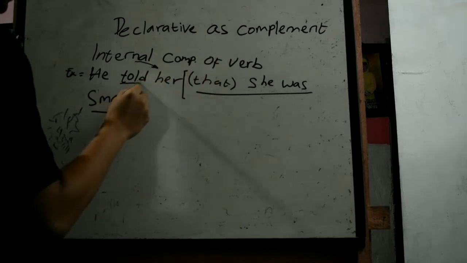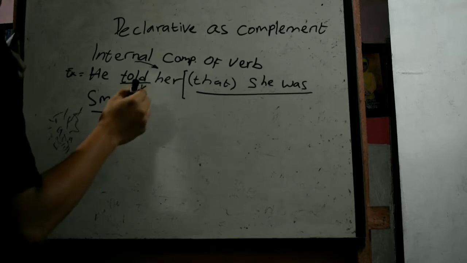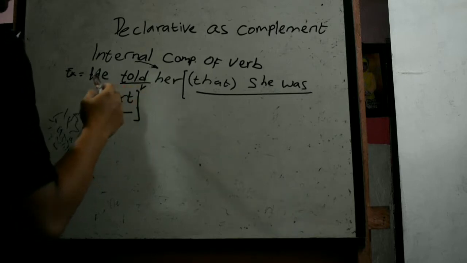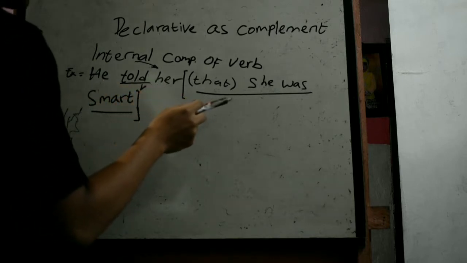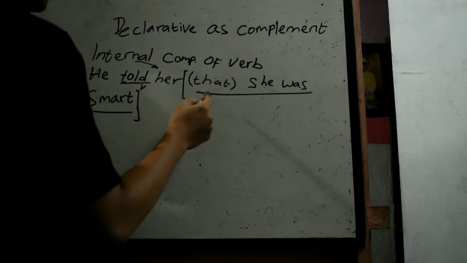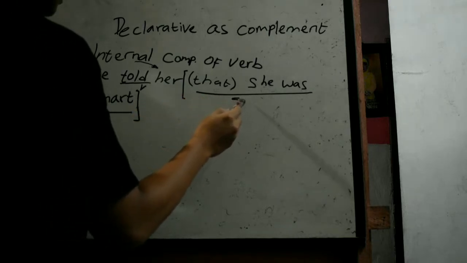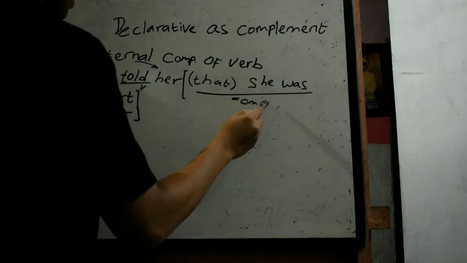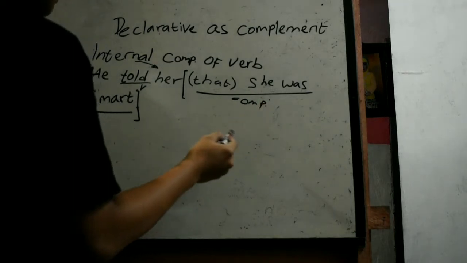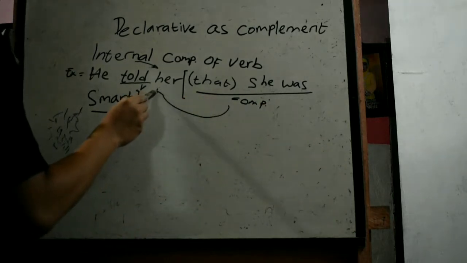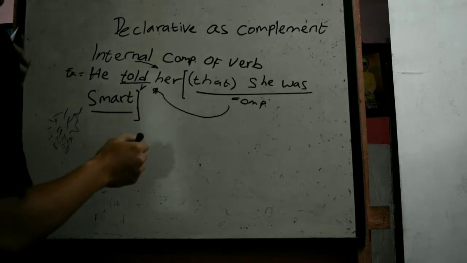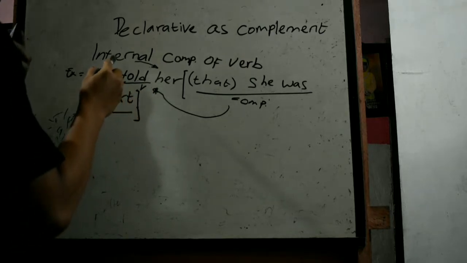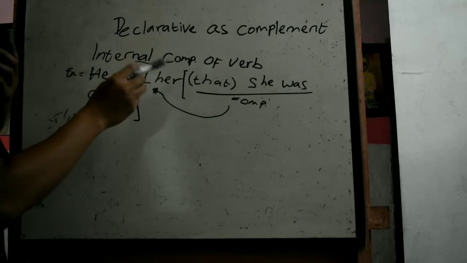We can see that this is the verb, and then he told her that she was smart. That she was smart is the complement to told. This is what we call internal complement of verb.